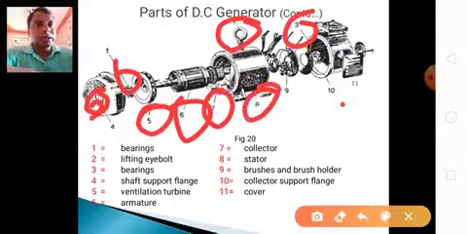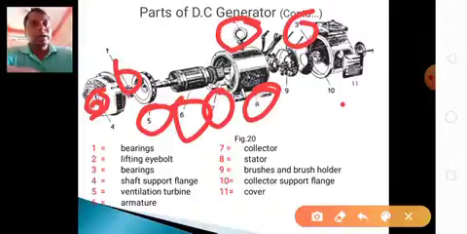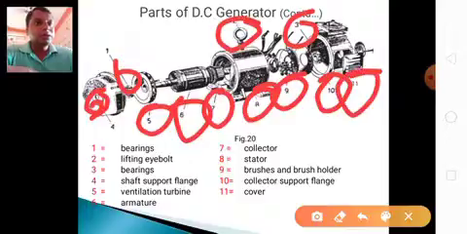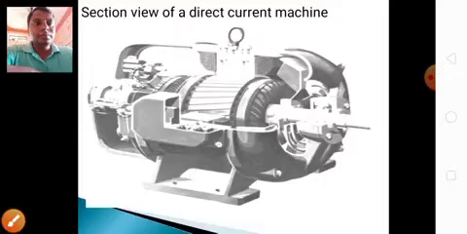In the stator, stator means stationary. Here the field winding is stationary. Armature winding is rotating. Field winding is nothing but the stator. Armature means rotor. Nine means brush and brush holders. The collector supports the flange, and the eleventh one is the cover. So these are the different parts of a DC generator.